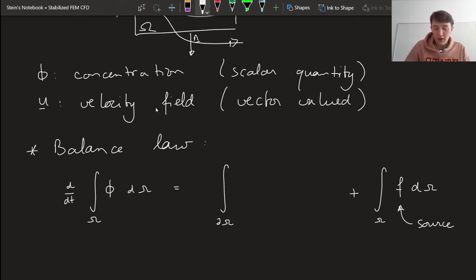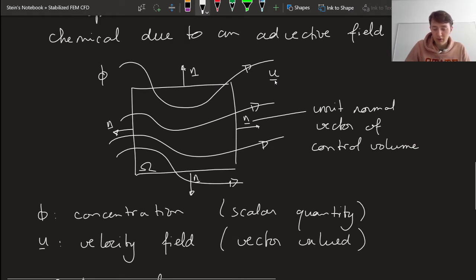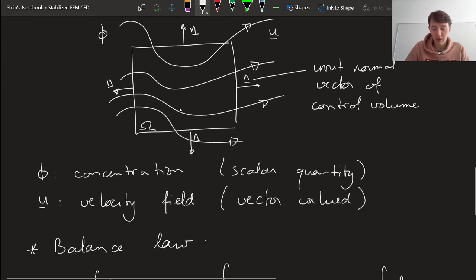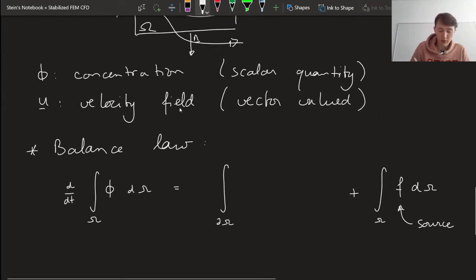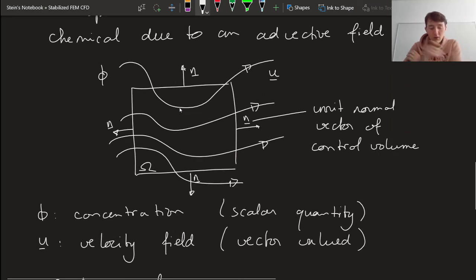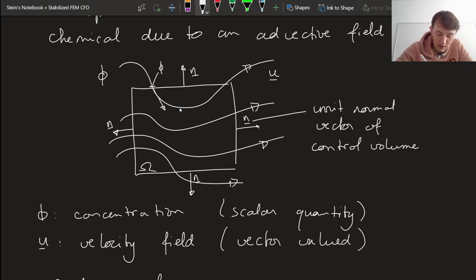So now what's going on in the boundary? Well, we have this advective field that is transporting phi inside of our domain. So that's going to be one term in our equation here. So how would we write this? Well, the amount of phi that is transported across any point along the surface is going to be phi that is on that surface multiplied by the velocity u, but only the part of the velocity that is normal to the surface.